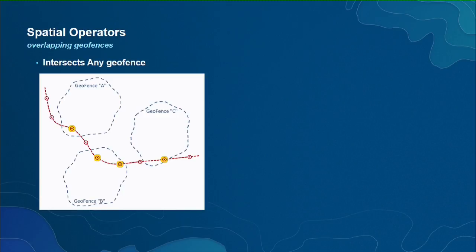In this case, let's look for an intersection between our GeoEvent and any of the selected geofences in our scenario. The flow of GeoEvent messages is represented by this string of points that we see here. So there are 1, 2, 3, 4 of those GeoEvent messages that intersect with any of these geofences.